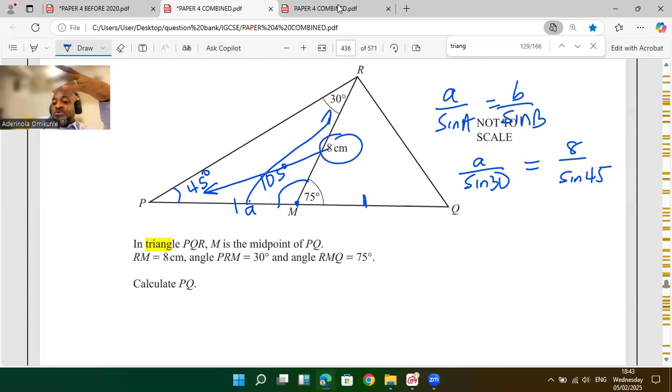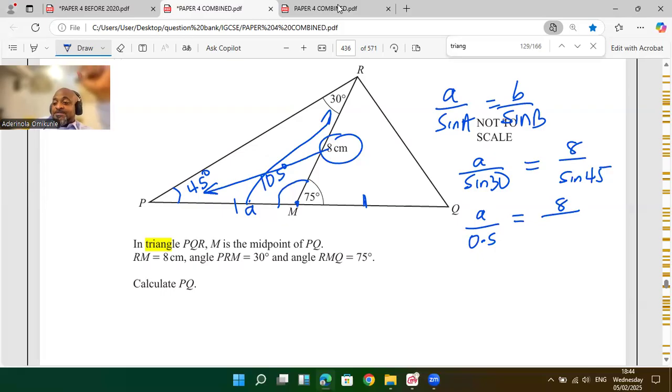The rest is basically use of a calculator, or in fact, we can do this question in 2 ways. You know what, I'm going to do this question without a calculator, because of the no-calculator paper. Now look at this. This is A over sine 30. We know that sine 30 is 0.5, so this is A over 0.5. It's equal to 8 over sine 45.